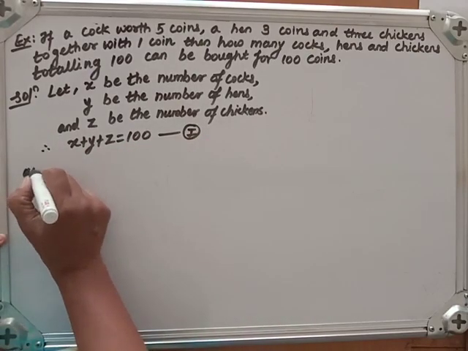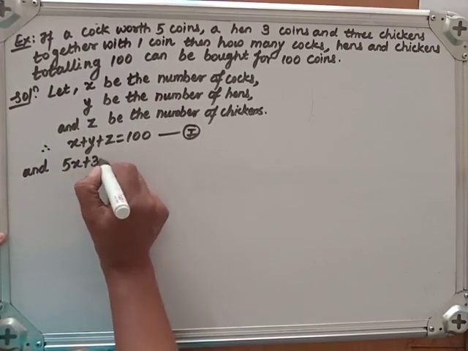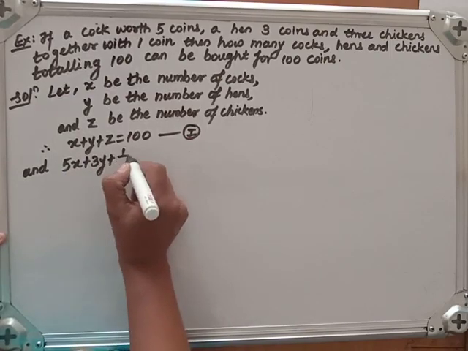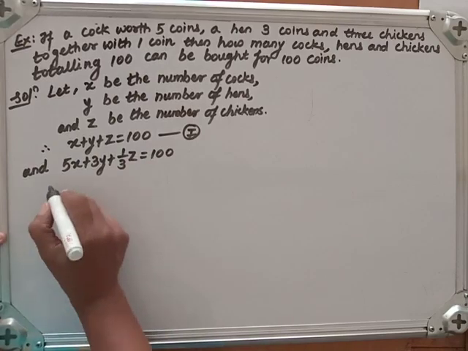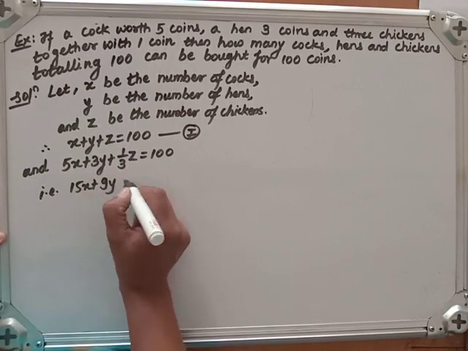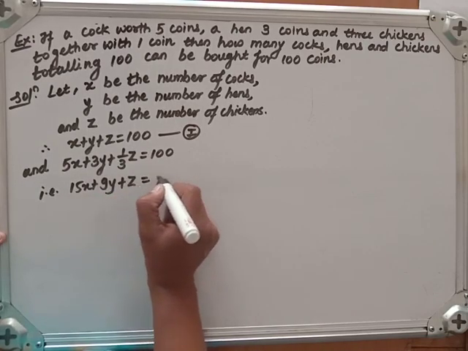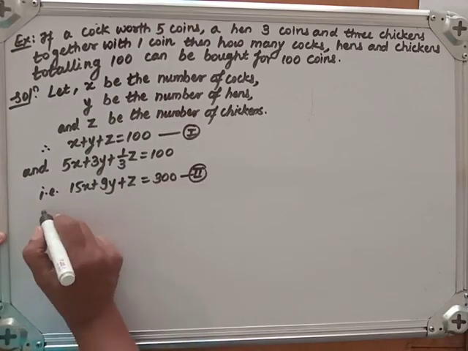And another condition is 5x plus 3y plus 1 by 3 z is equal to what? 100. That is 15x plus 9y plus z is equal to 300. Call it as equation number 2.